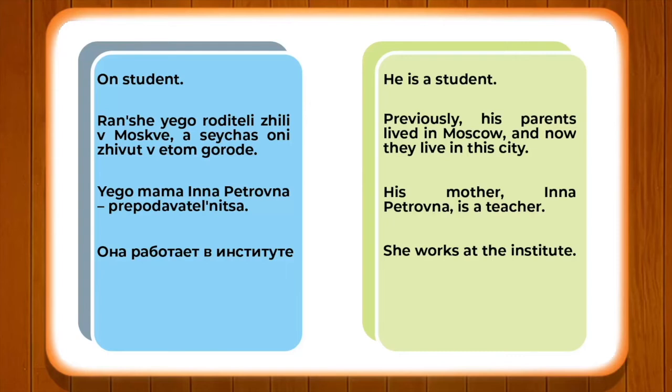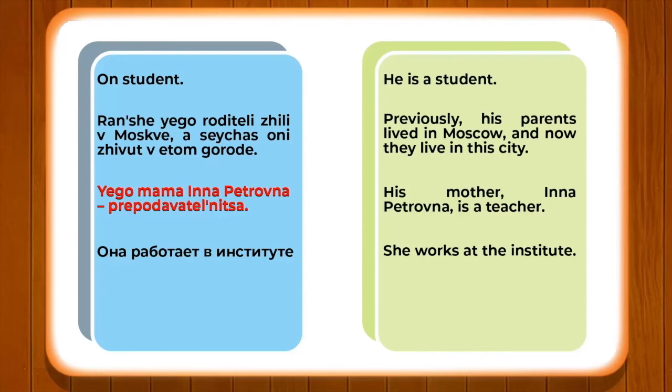You can also replace institute, университет and replace it with школа. Она работает в школе. But преподавательница we normally find in college or in a university. So if you want to make a construction, она работает в школе, for example, then it has to be учительница. Его мама Инна Петровна, она учительница, она работает в школе.